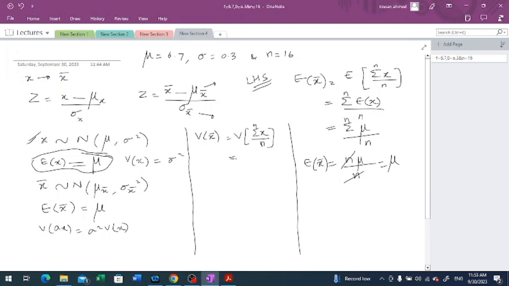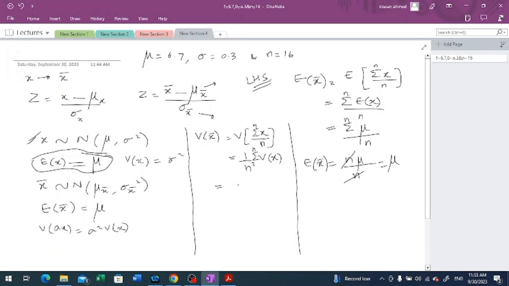Applying the same rule inside this bracket, where the variance operator is applied on this entire factor, the change occurs in the numerator when we bring this n outside the variance operator. So this becomes n squared, and the variance with summation is applied only to random variable x.